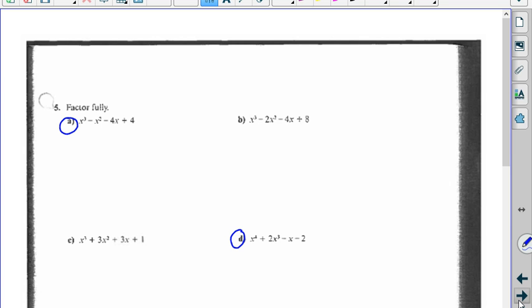We'll show the system. It's not a factor.